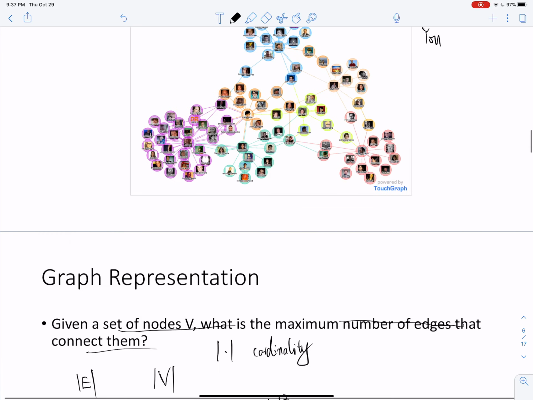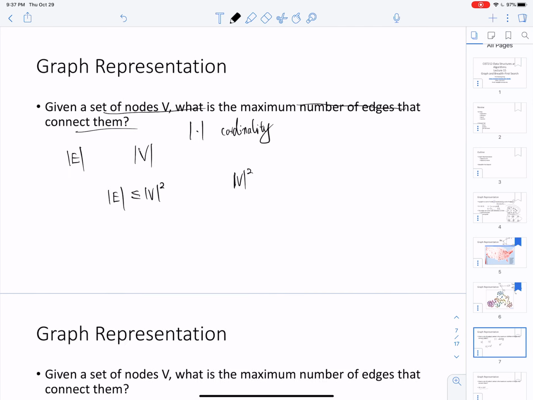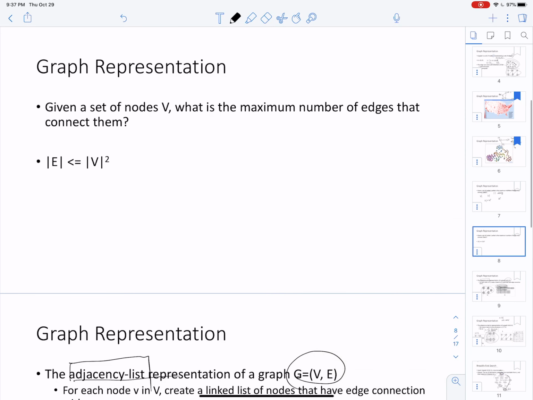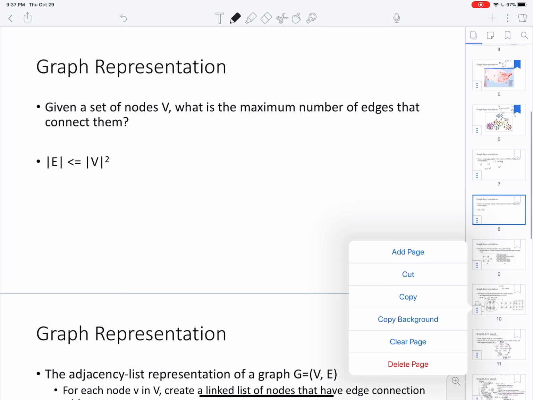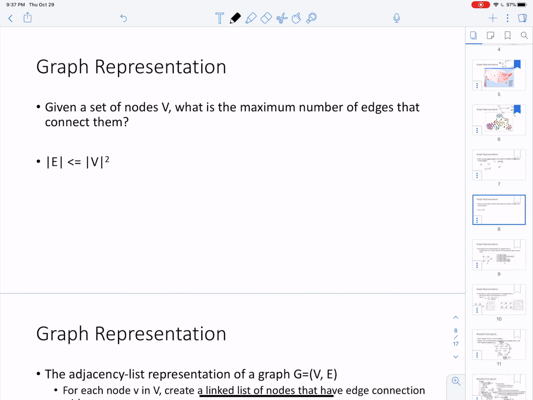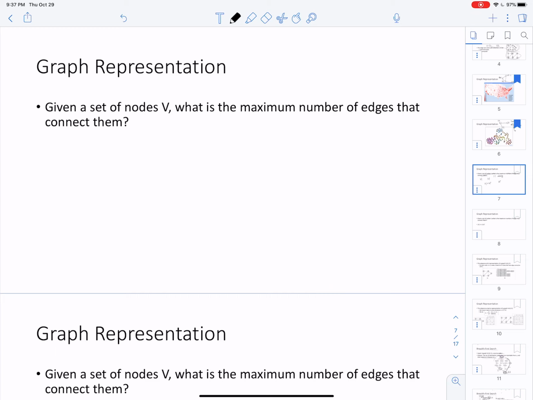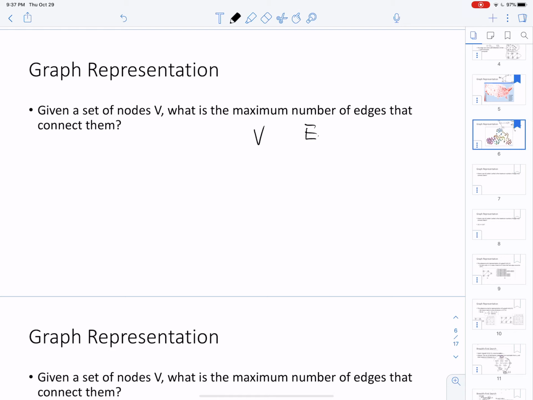Okay, so the next question that I want to ask before we proceed, one question that is closely related to math, is: what is the number of nodes, in your opinion? In a graph, V and E are sets: V is a set of nodes and E is a set of edges, and for a set we have this operator, which is just two vertical lines.